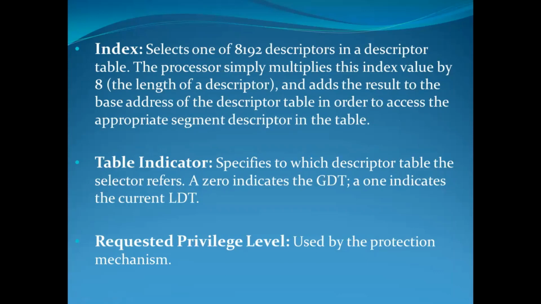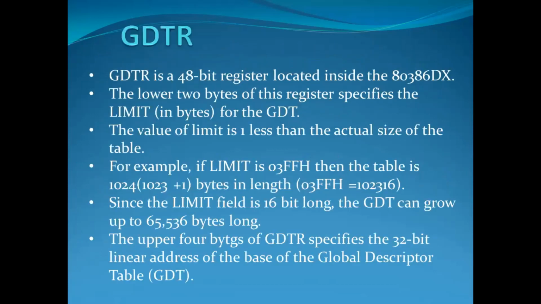A 0 indicates the GDT and a 1 indicates the current LDT. That is, a 0 indicates the global descriptor table, whereas a table indicator of 1 indicates the current local descriptor table. The request privilege level is used by the protection mechanism.